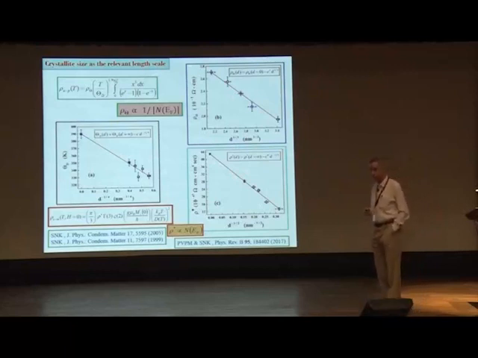So this tells you clearly that the crystallite size happens to be the relevant length as far as both magnetism as well as transport is concerned. Okay? Next we go to the magnetoresistance.